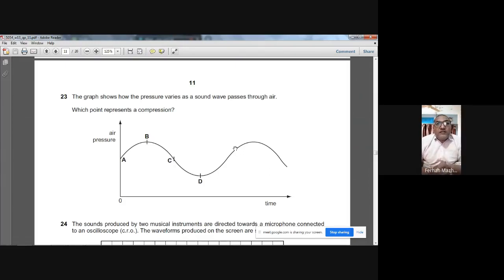So during the compression, the pressure will be highest. So at point B, the pressure is highest. So compression is represented by point B. Question number 23, B is the option.